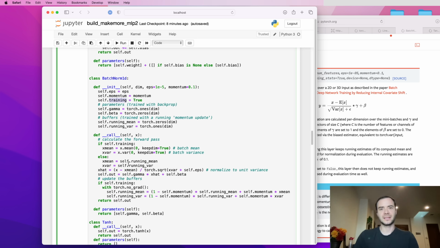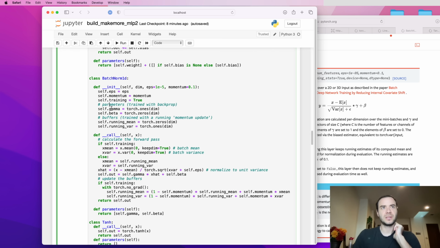BatchNorm is an example of this because when we are training, we are going to be using the mean and the variance estimated from the current batch. But during inference, we are using the running mean and the running variance. Also, if we are training, we are updating mean and variance. But if we are testing, then these are not being updated. They're kept fixed. And so this flag is necessary and by default true, just like in PyTorch.